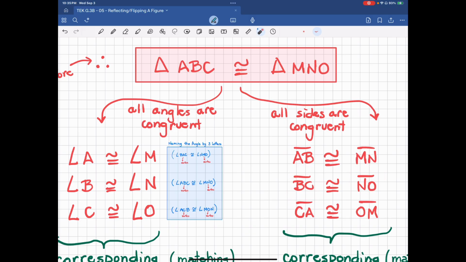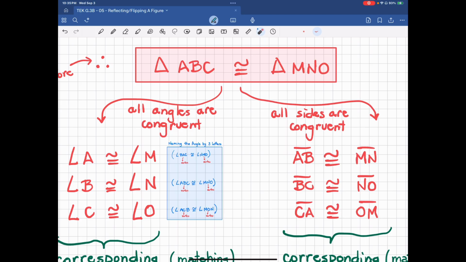Now we have to get that third side of the triangle in. And notice we're going to have to follow that same system. So if I did the first two, the last two, I'm going to pick up the last and the first. So C and A, CA goes with OM. These are our last segments that are congruent.